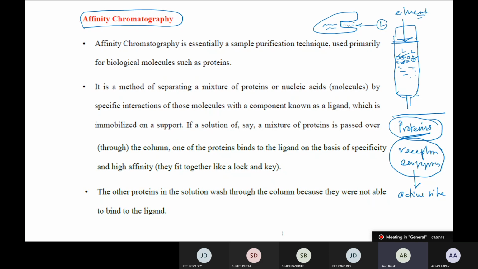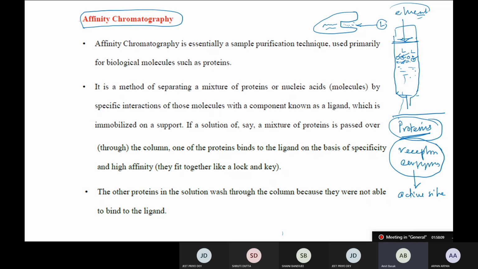So then what will happen? If you use higher polarity, L will now come out from here. This higher polar solvent basically is displacing this L, and that will now slowly come out of the gel.